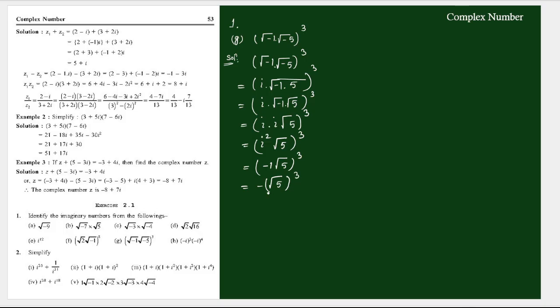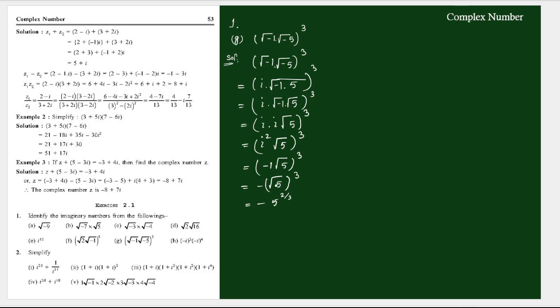We can do it like this, and what did we find here is 5 to the power 2 by 3, minus 5 to the power 2 by 3.